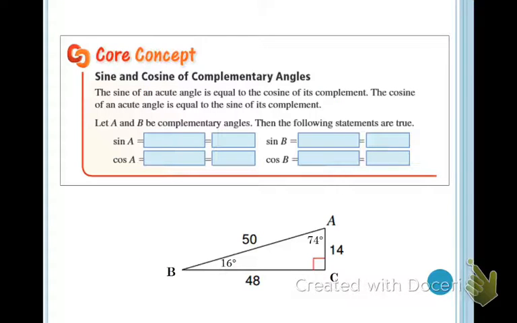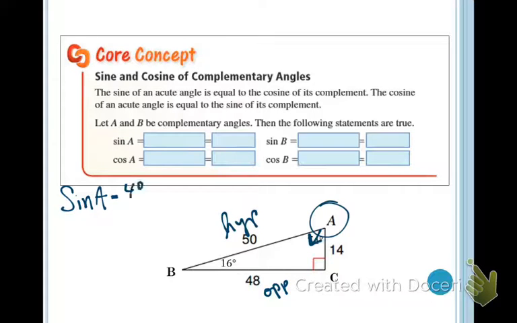Okay, so yesterday we learned, all right, when we found sine, so like in this problem, if we found a sine of angle A, all right, so coming from angle A, sine is what side over what side? Opposite over the hypotenuse.